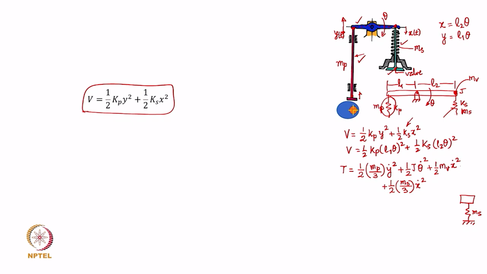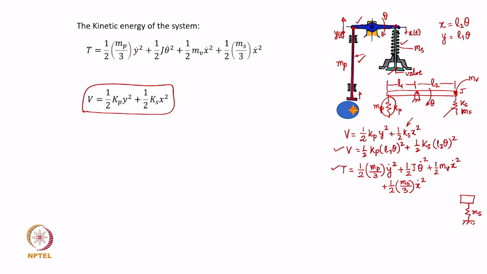Now, once we have obtained these two expressions, one for the strain energy, the other one for the kinetic energy, the next step is absolutely straightforward and very simple. And so, this is the expression that we already got, the total kinetic energy, potential energy obtained. And now, what you can do is, because it should not confuse that x and y are the 2 degrees of freedom, they are not.